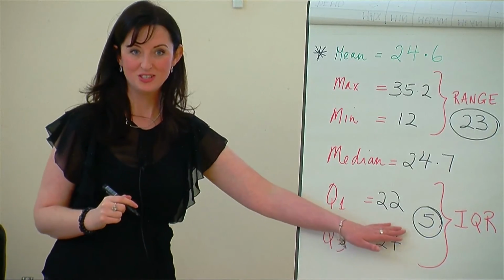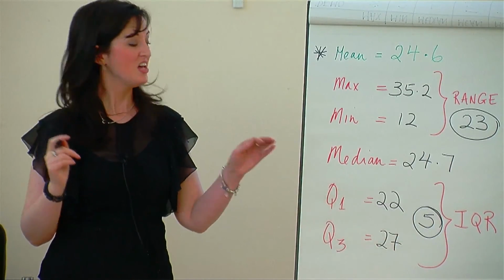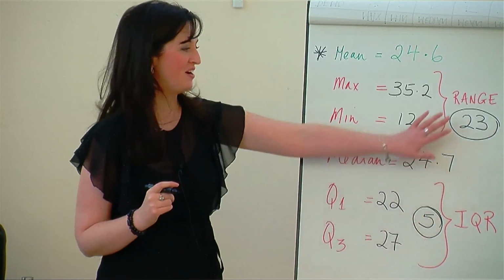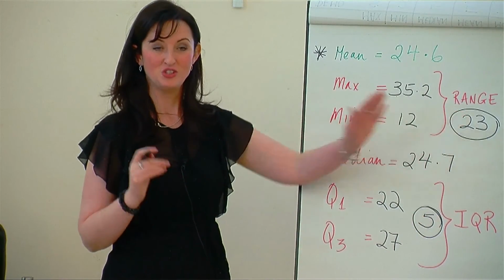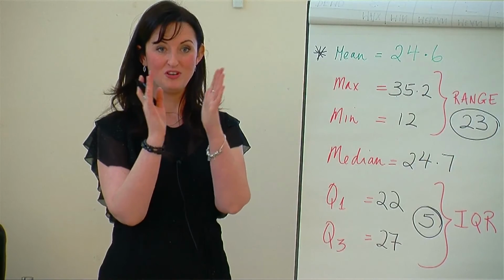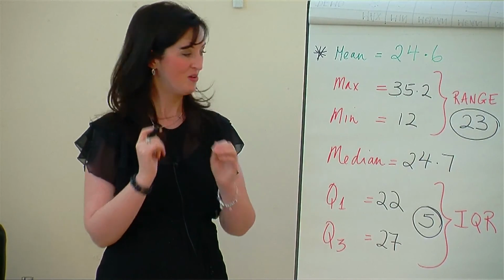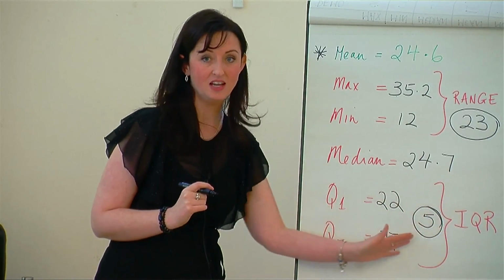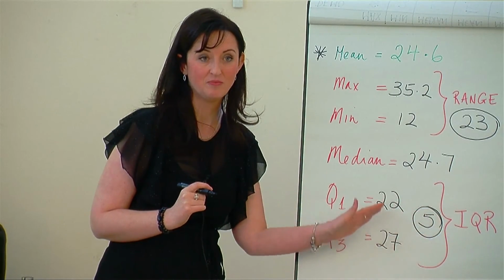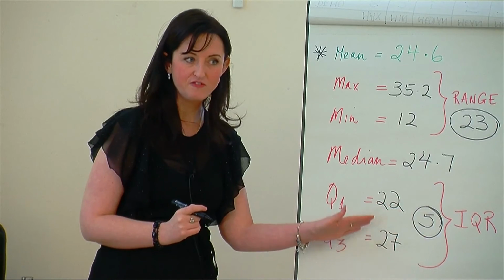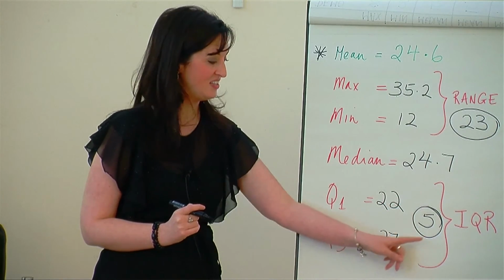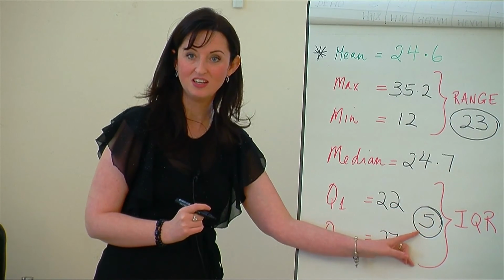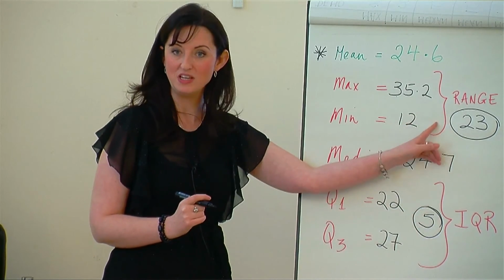It's quite small. So this is small compared to the range. Perfect. So your data is much more close together. Because what percentage of your data lies in the interquartile range? 50%. 50% of your data lies in this tiny range compared to this bigger range.